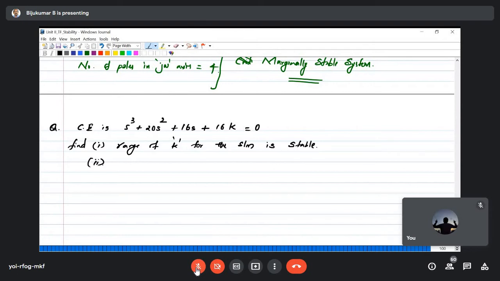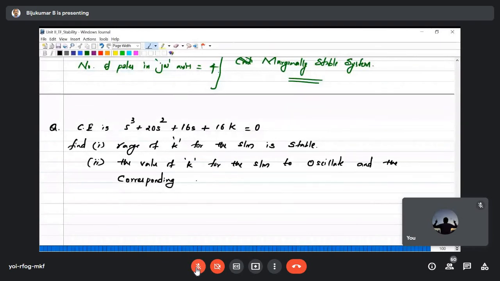and the second one, the value of k for the system to oscillate. So at what value of k the system response will oscillate, and also you have to find at what frequency it is oscillating, the corresponding frequency of oscillation.